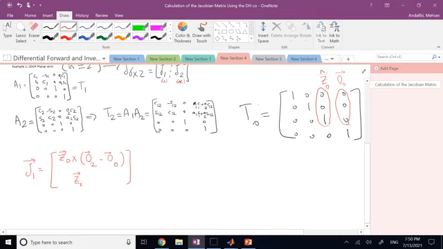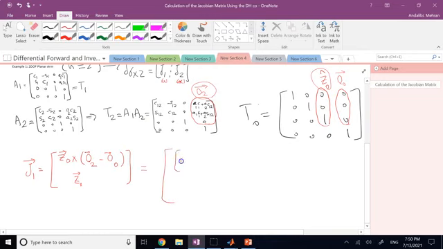And what is O2 now? Well, O2 comes from T2, and T2 is this guy, so this is O2. So just subtract O0 from O2, which is the same as O2, and cross-multiply Z0 with O2.